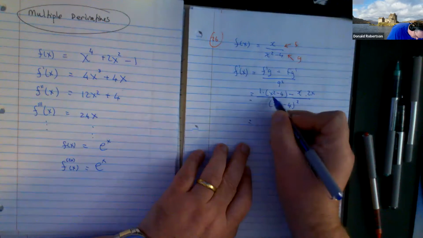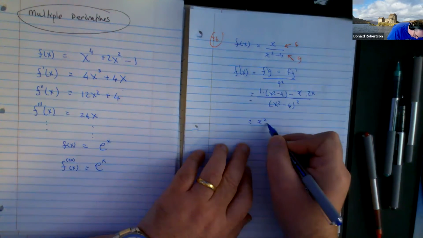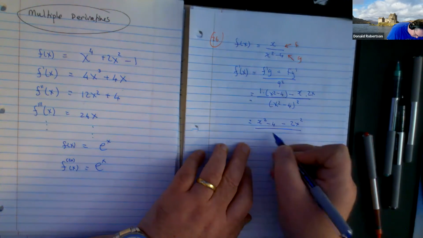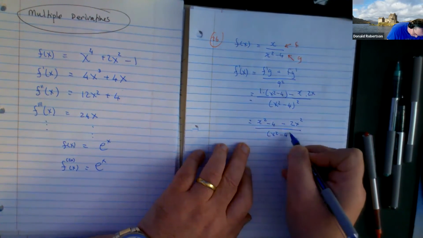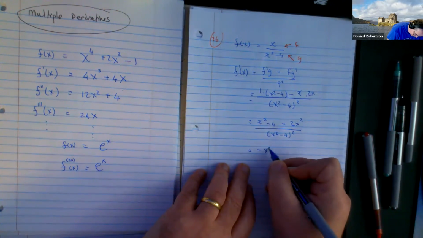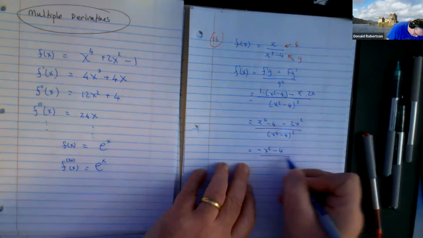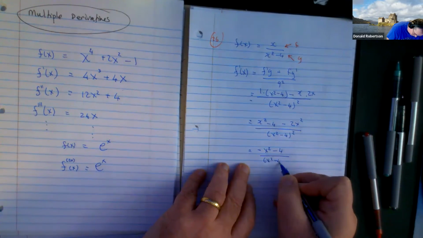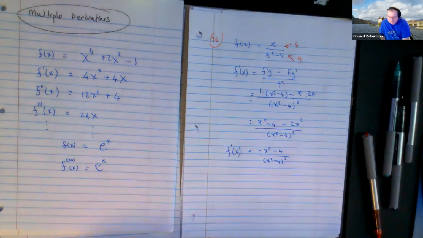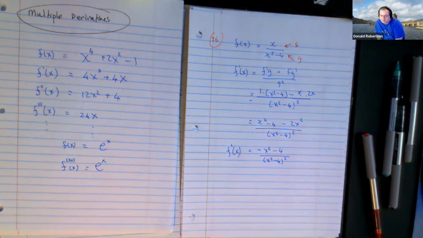And so I now have x squared take away 4, take away 2x squared, all over x squared minus 4 squared. And that becomes negative x squared negative 4 over x squared take away 4 squared. Not too bad, agreed? Technically, I could pull out a -1 as a common factor, but I don't think any benefit doing that.